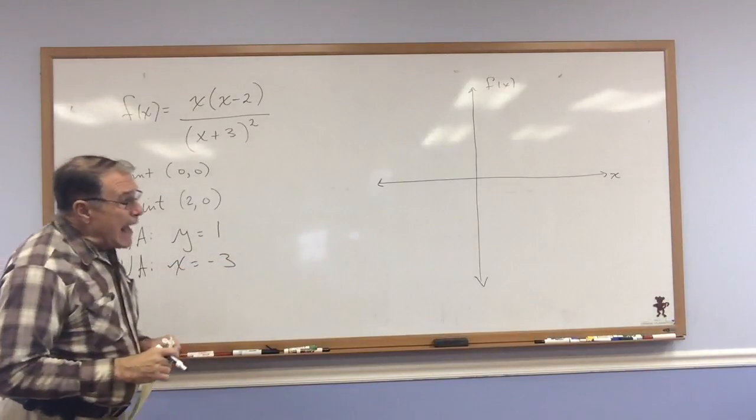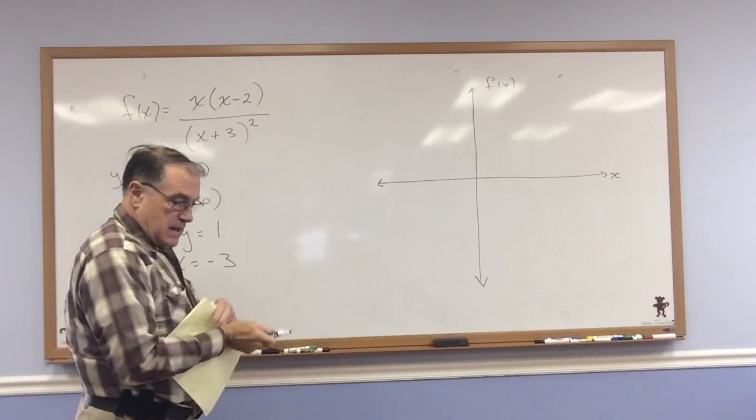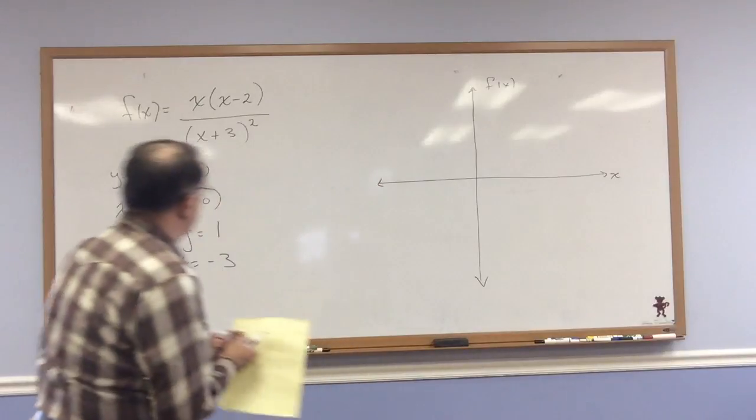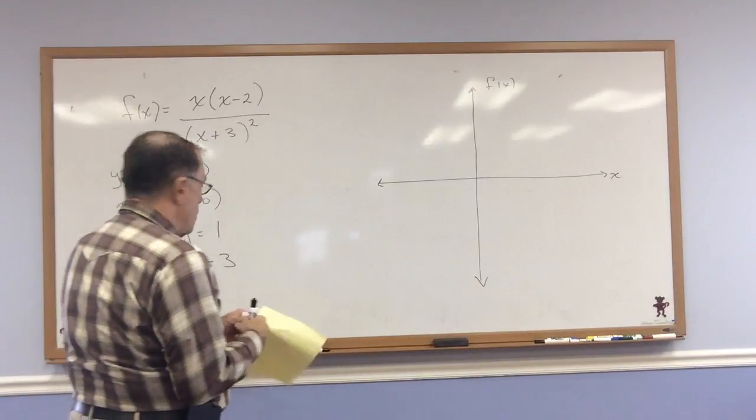Alrighty, let's add this information to our graph. Horizontal asymptote, y equals 1.